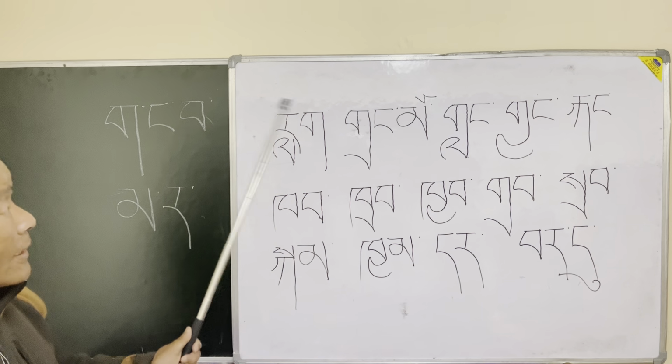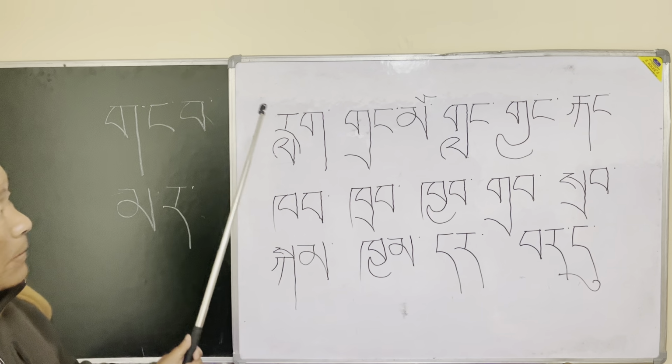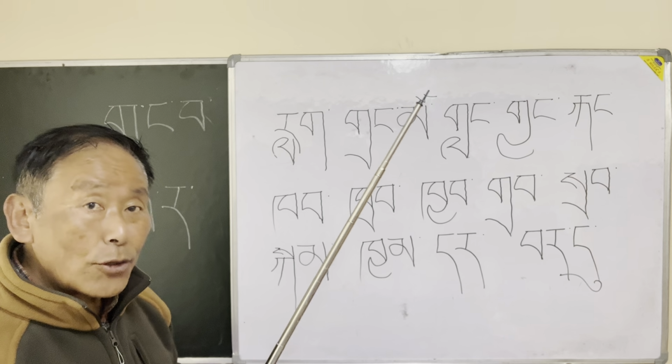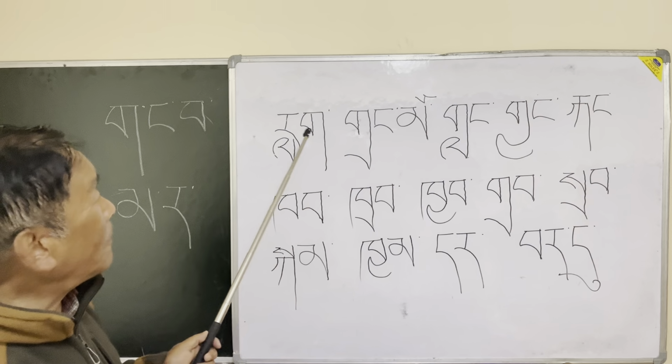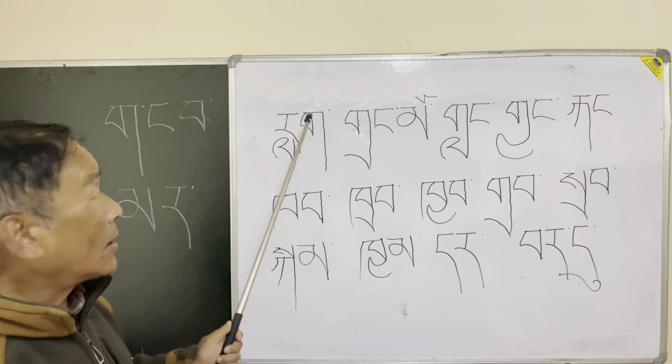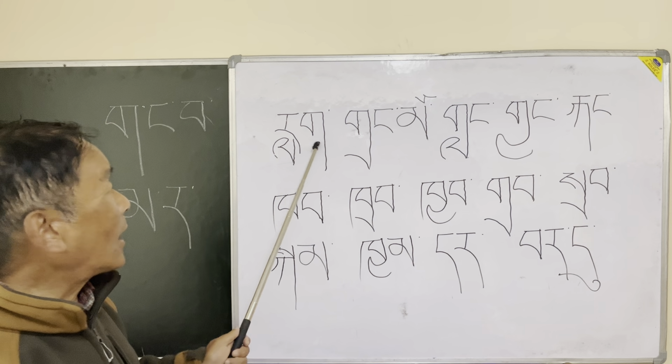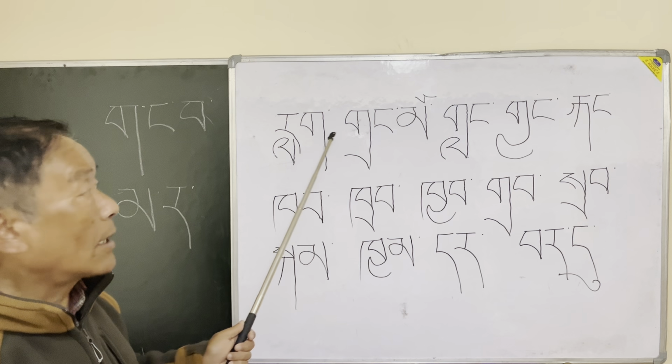So I will spell them once more, and if you get time, you can listen to it again. If you don't have time, you can listen to it while working. Ra, lata, la, ga, lak.